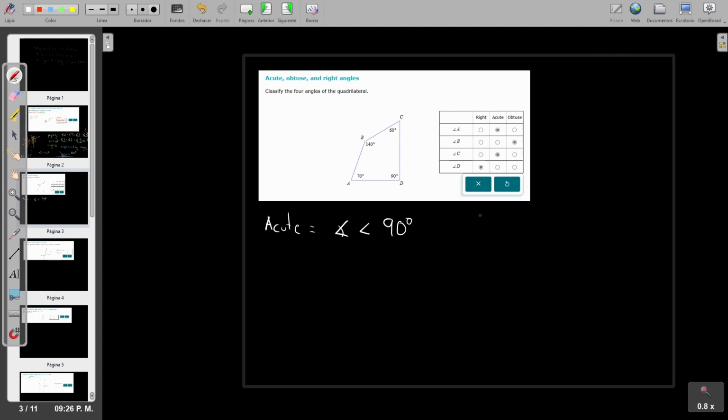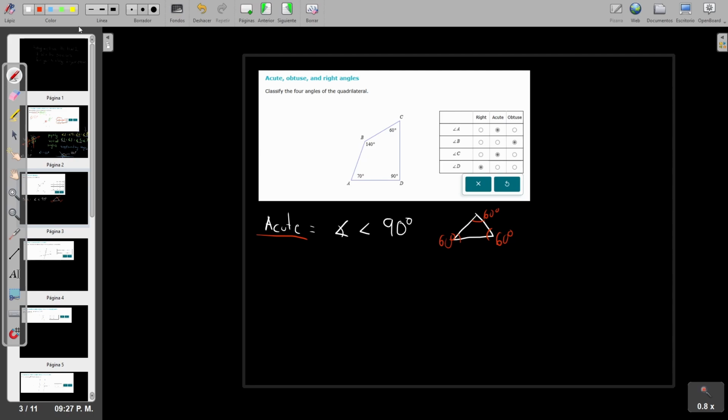For example, this one, if this is an equilateral triangle, all angles are going to be 60 degrees. Remember, acute means less than 90 degrees.